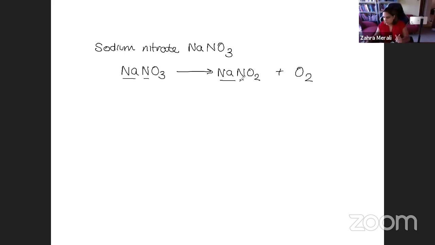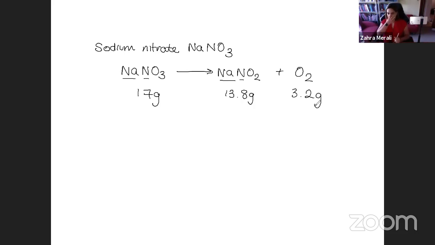So we're told in the question that we have 17 grams of sodium nitrate. We have 13.8 grams of sodium nitrite here, and it produced 3.2 grams of oxygen.